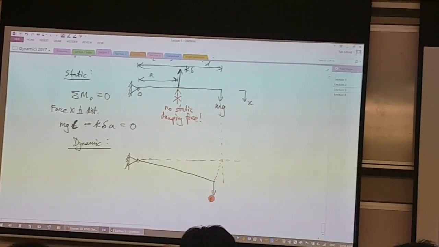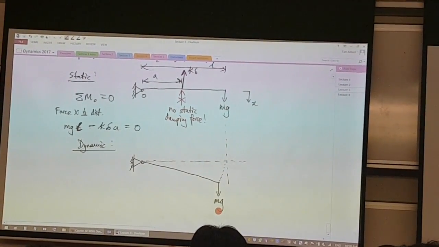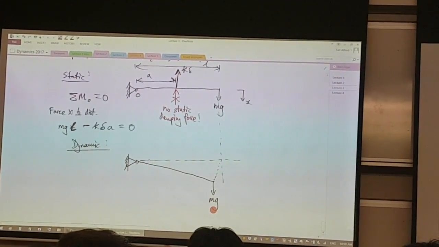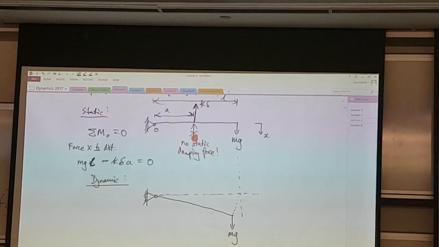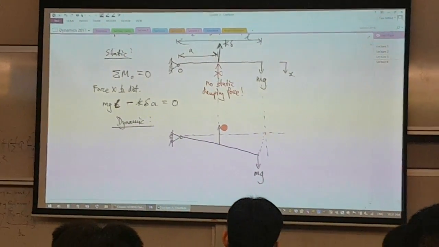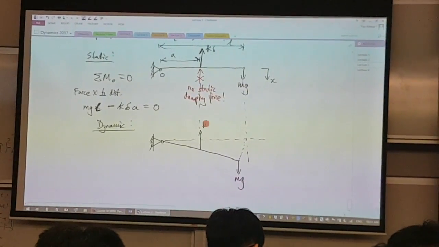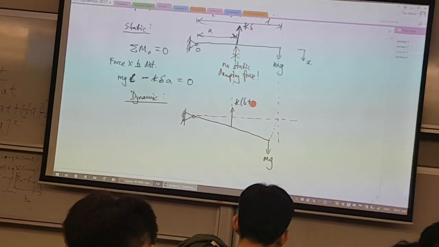So your mg force still stays over there. Your spring force, which is going to be over here, can't be helped. In the dynamic condition, your spring force, as you know, is k(delta plus x).